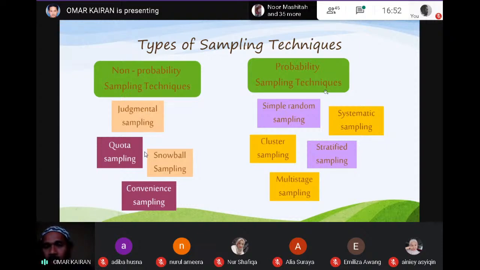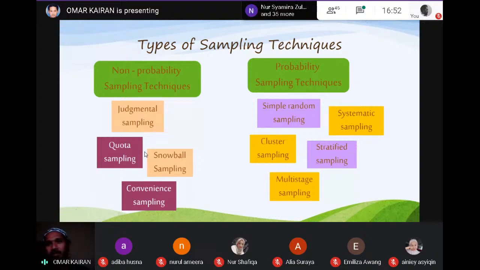So what is the meaning of equal chances here? Equal chances means that they have the same chances to be selected. I hope that you can figure out what the same chances are.